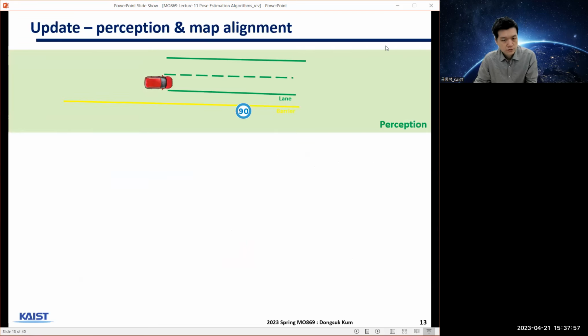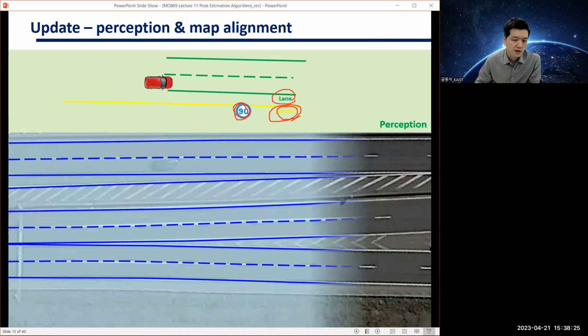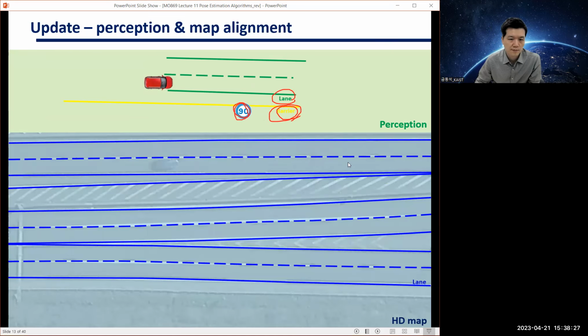So to visualize this better, we have perception results. We have a perception algorithm that perceives lane information, road boundary information, and maybe we have detected a traffic sign there. And then we have this HD map, and we can do map matching.